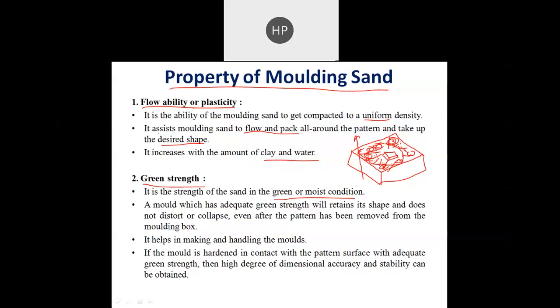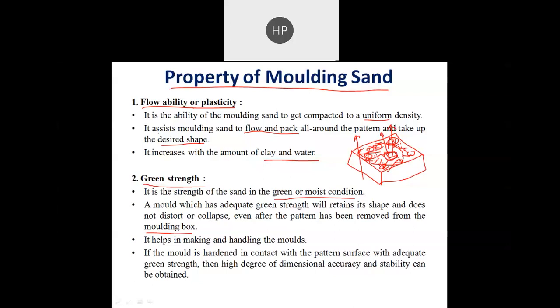So why is this green strength required? Because as we know, we have fixed this pattern into the mold box. Now we want to remove the pattern, and after removing the pattern, we have a hollow cavity which is generated over here.